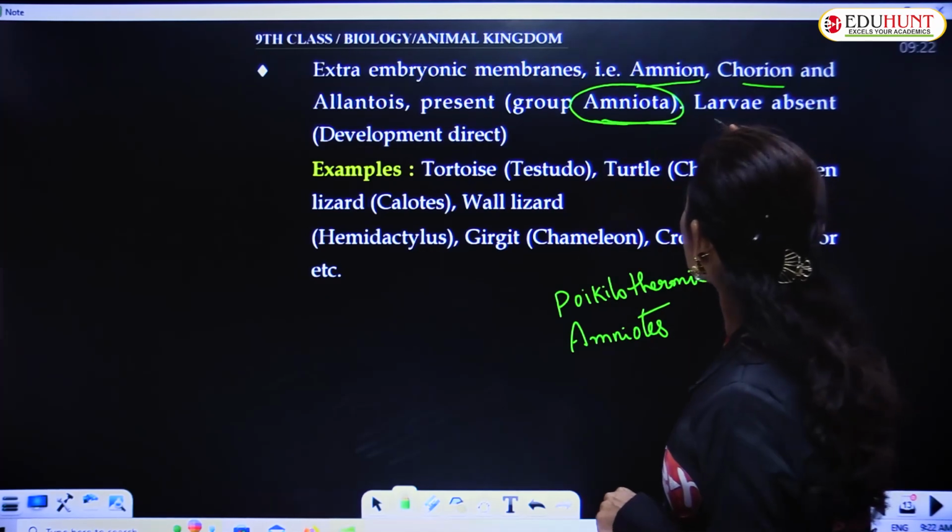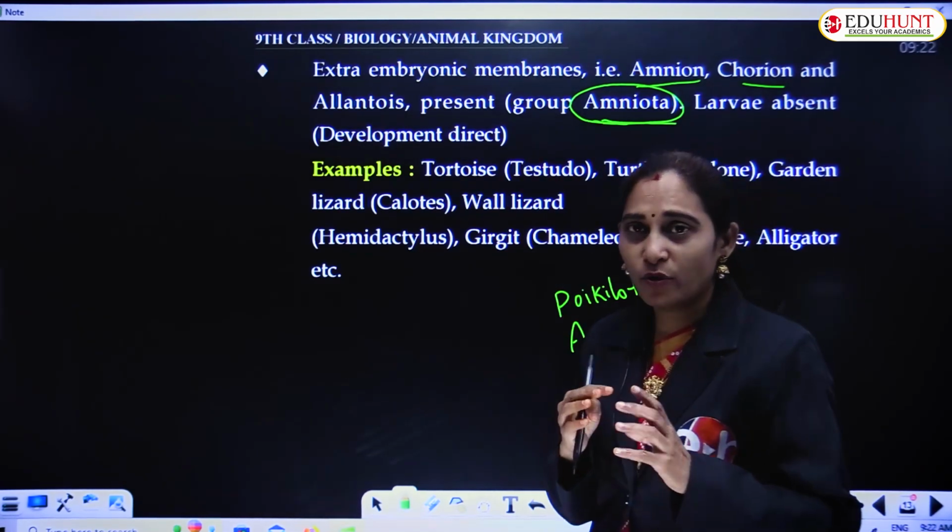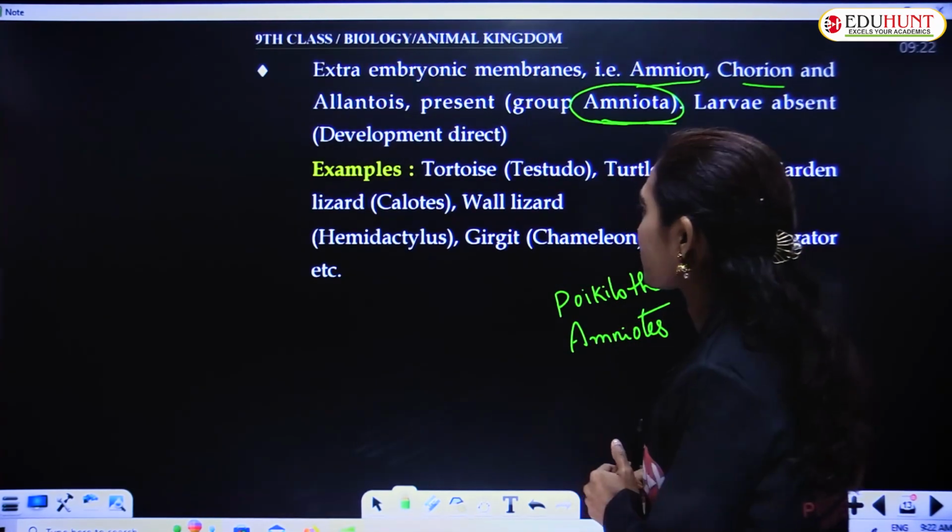Their development is direct, that means they do not produce any larval forms.